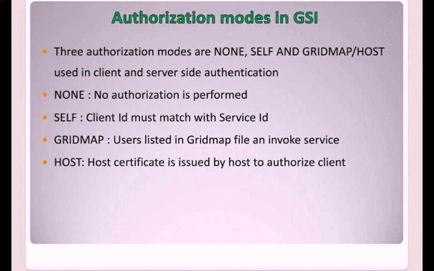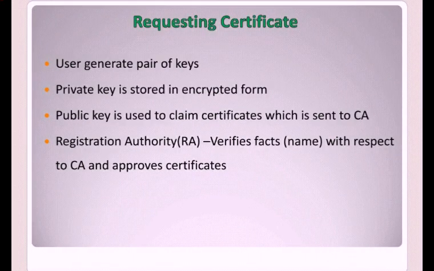In self, the client will authorize an invocation if the service identity is the same as the client identity. The last one is the host. In this mode, the client will authorize a security request if the host returns an identity containing the host name. This is done using host certificates. The next is requesting a certificate.